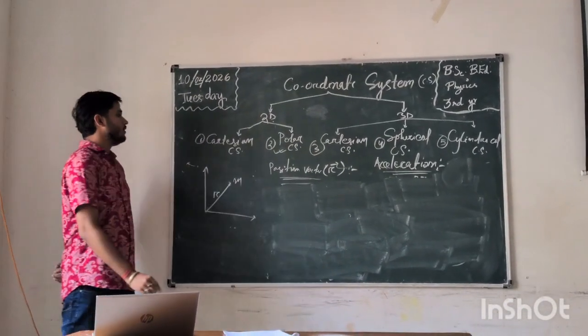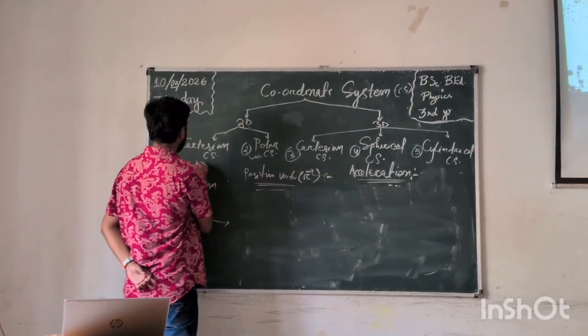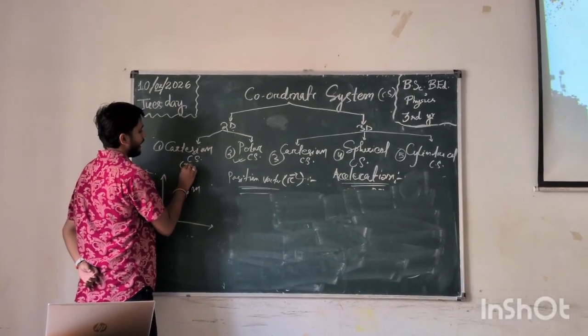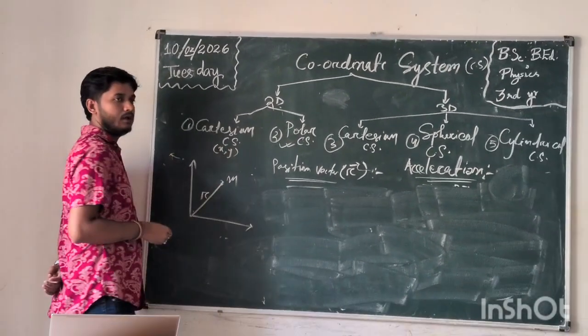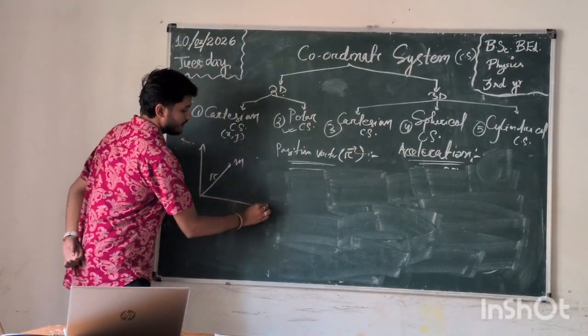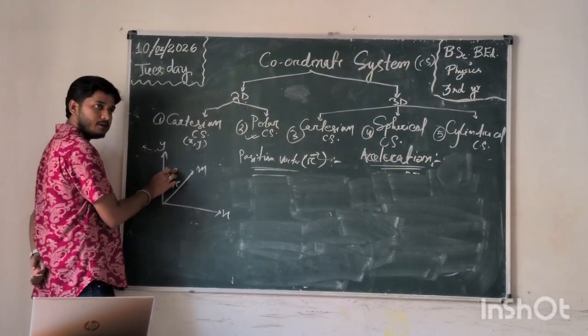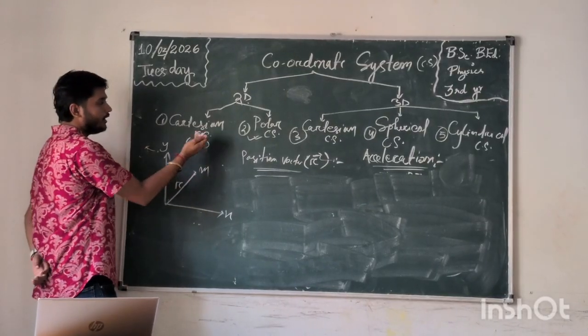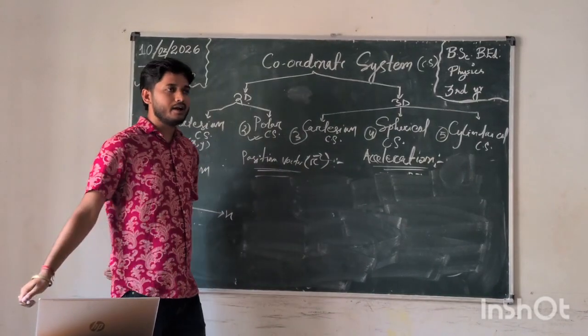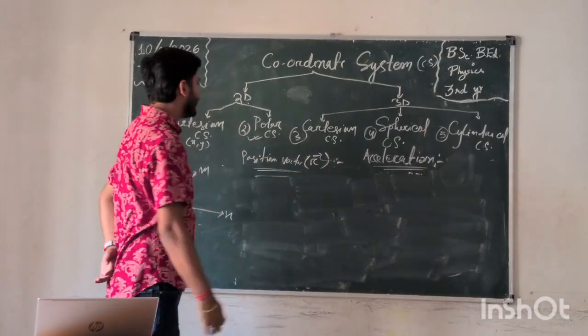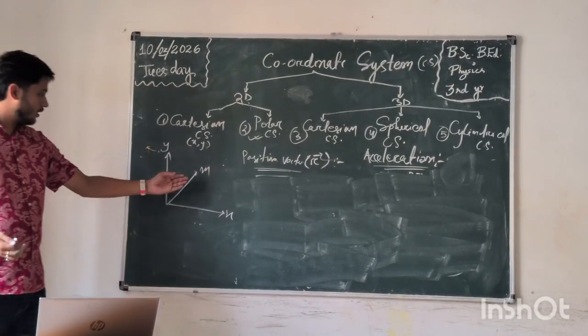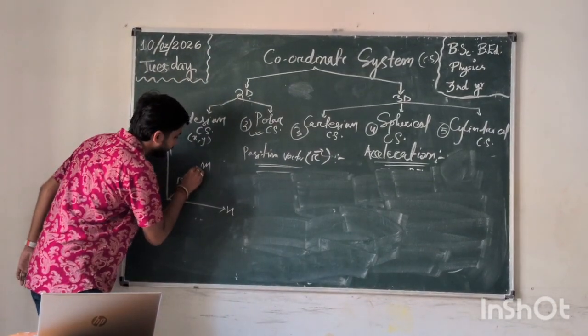In Cartesian coordinates we write x and y: from the x-axis, how much it has moved, and from the y-axis, how much its distance is. From the polar coordinate system, how can we get this position?